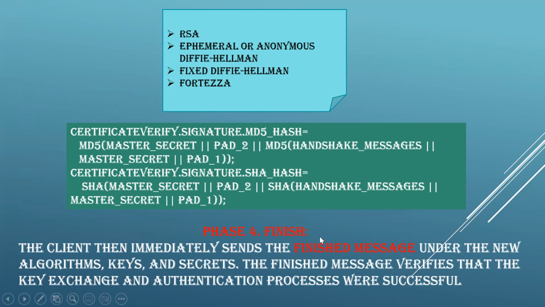If the client doesn't send the finish message, it is understood that no proper key was generated between the client and the server, or that there are errors while using the algorithms and hash algorithm to verify the authentication process. Once the finish message is sent by the client, all the authentication process is successfully done.